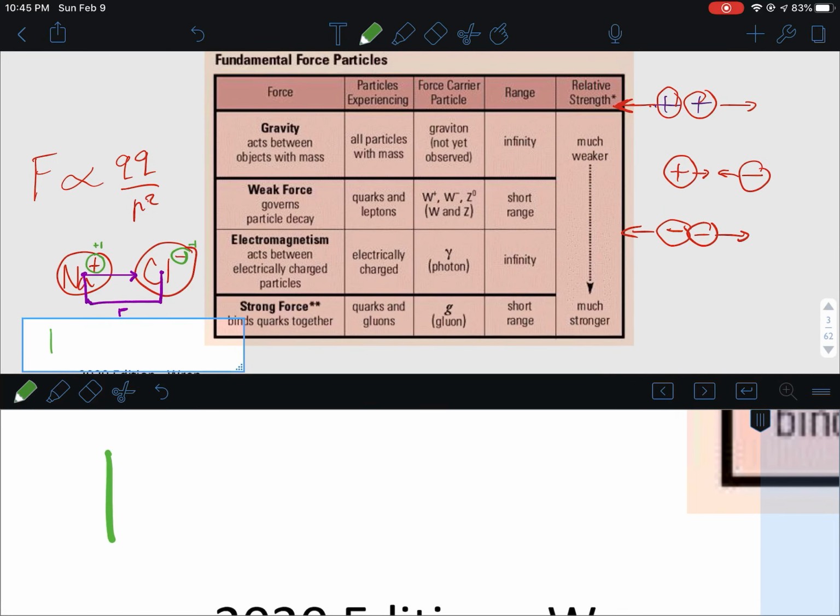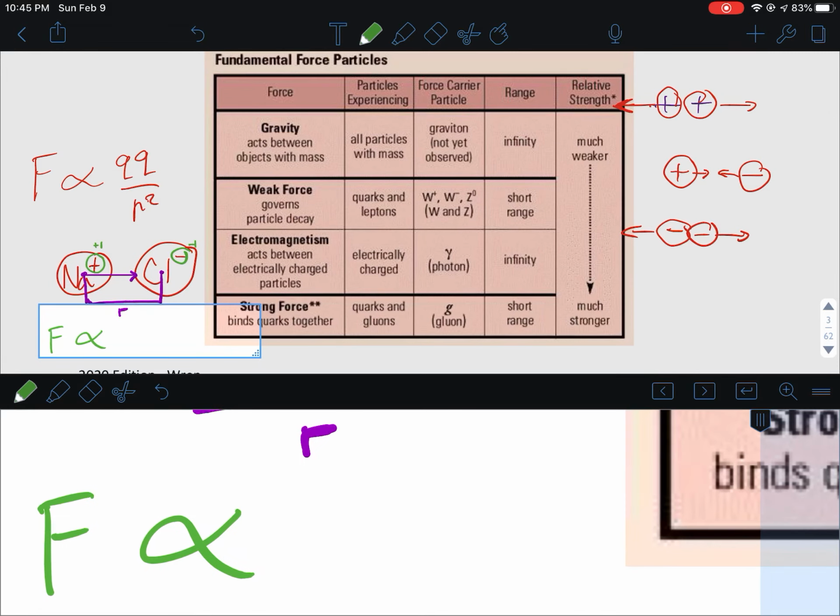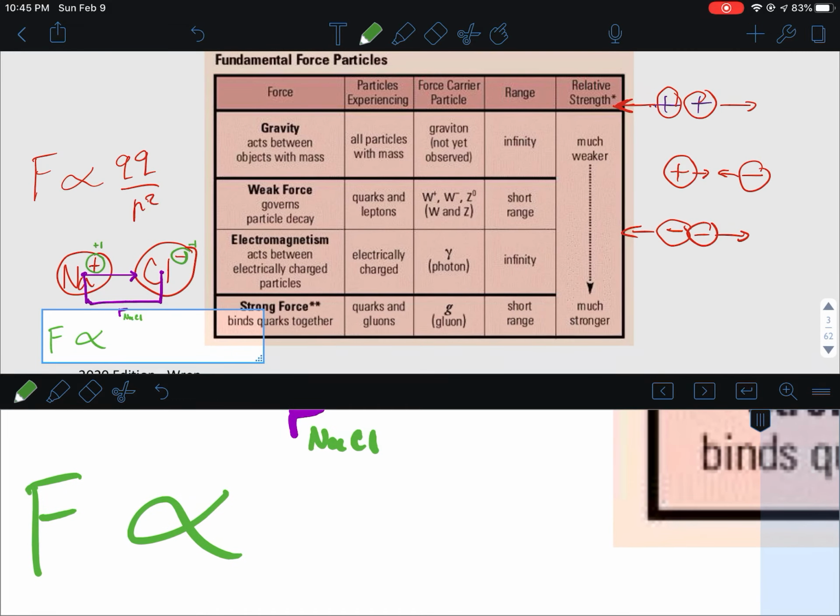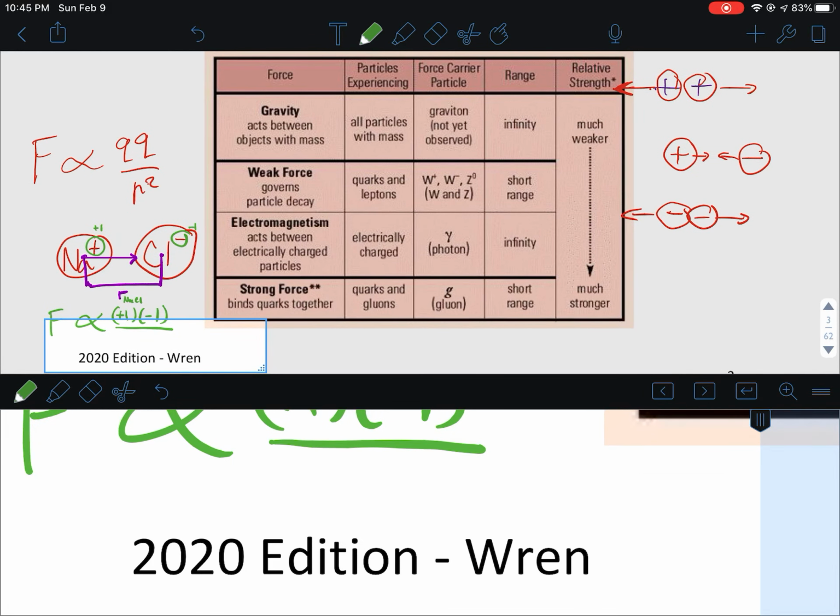So the force here would be proportional to plus 1 times minus 1 divided by the distance between sodium and chlorine, squared. And we could do this for any other compound.